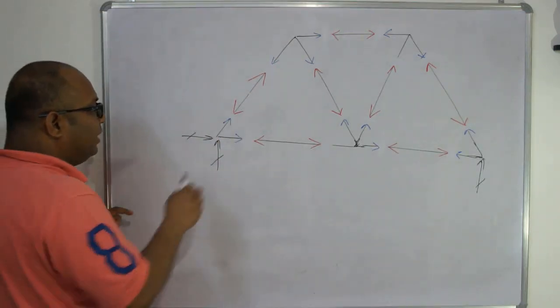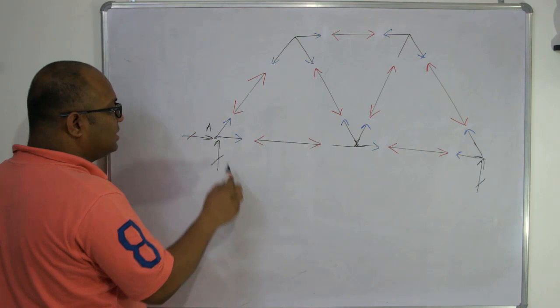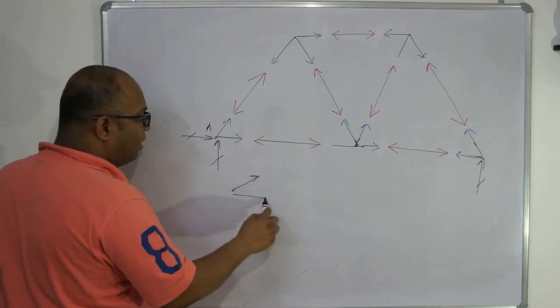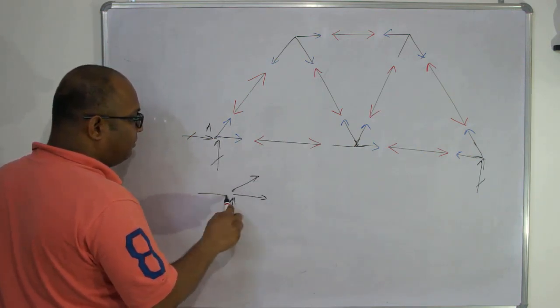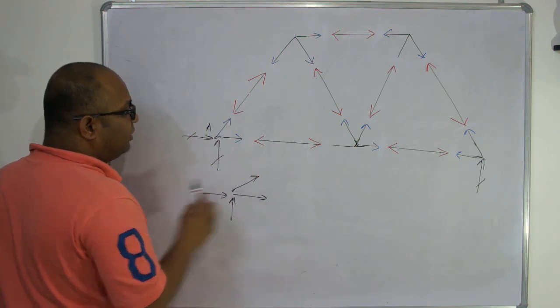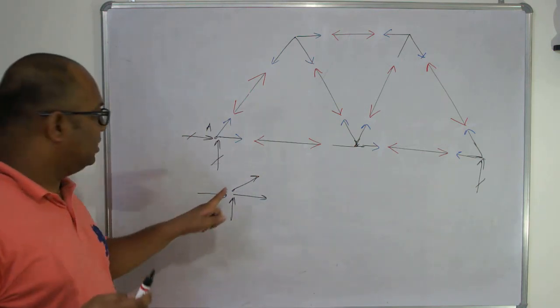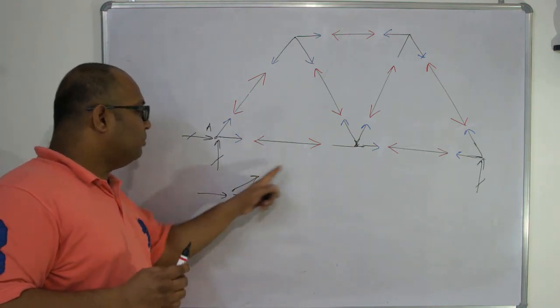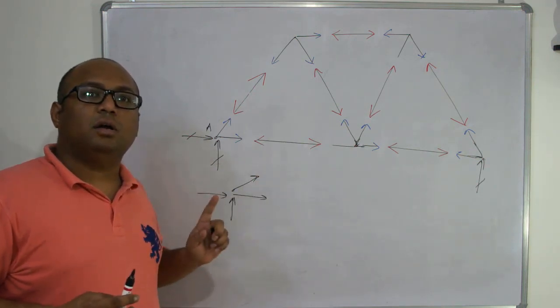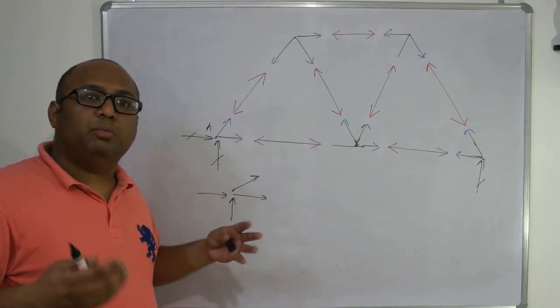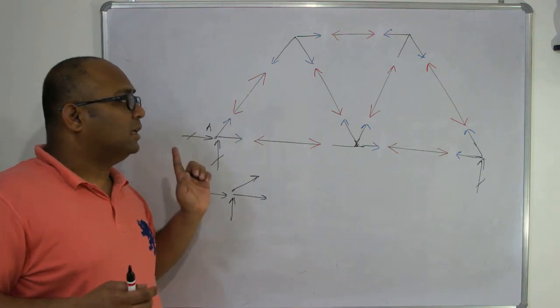So if you draw the FBD of the joint, for example, I call this A, and if the forces in the members are moving away from the joint, then we are assuming that the member is in tension.